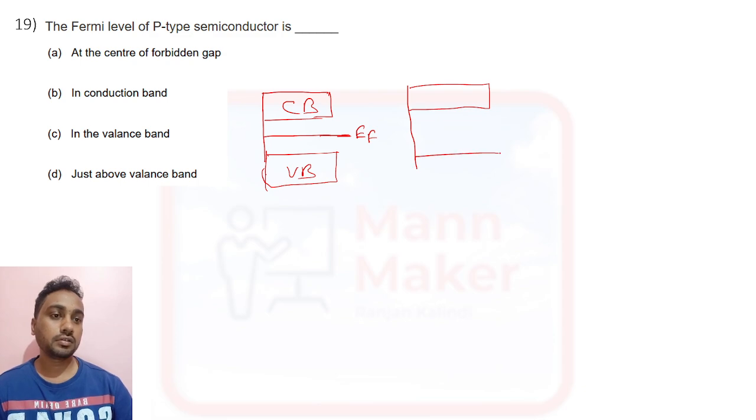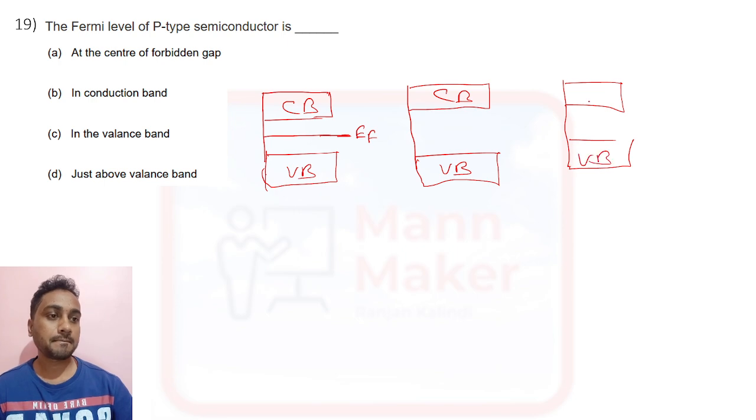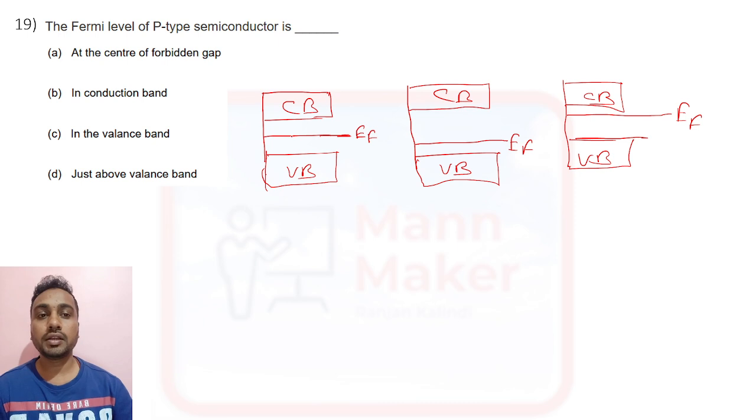Whenever the Fermi level is between the conduction band and the valence band, then it is an intrinsic semiconductor.